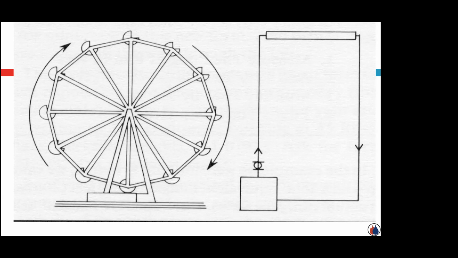The circulator's job in a closed loop system has nothing to do with that. It has everything to do with overcoming the frictional resistance that's offered by the wall of the pipe within that system. That's why we show this picture of this Ferris wheel. The motor on the Ferris wheel's job isn't to lift these chains, because whatever energy is required here, an equal amount is gained falling down.